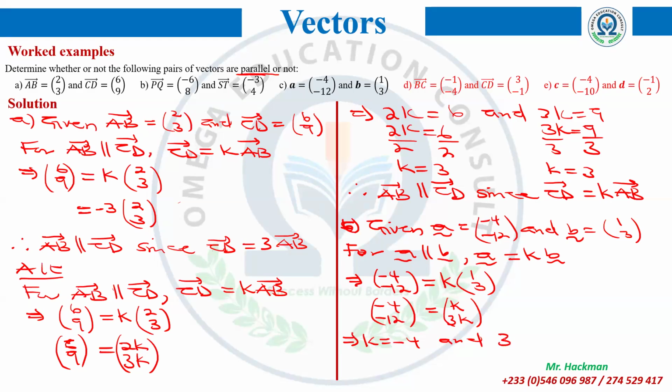So 3k should be equal to -12. Here k is already solved for, so let's solve for k here. If you solve for k, I shouldn't skip. Moving on: -12 over 3. Unfortunately, it has run out of space, so I'm going to continue here. So k will be equal to -4. Do you agree?